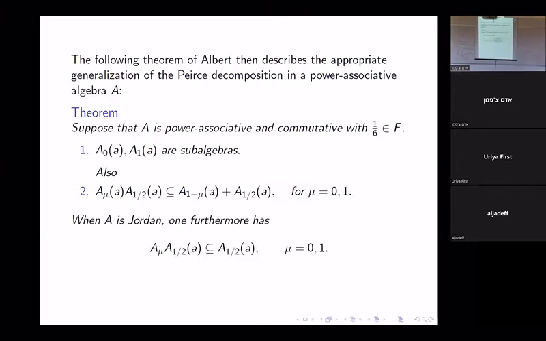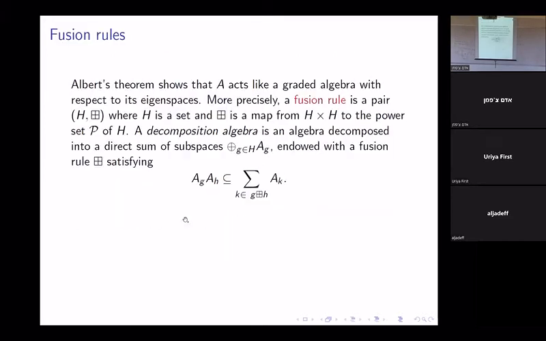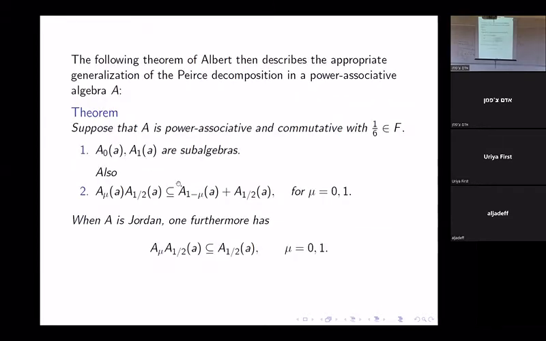He proved that you have certain rules when you multiply eigenspaces. And okay, this is in his paper, but for Jordan algebras, it's much simpler.